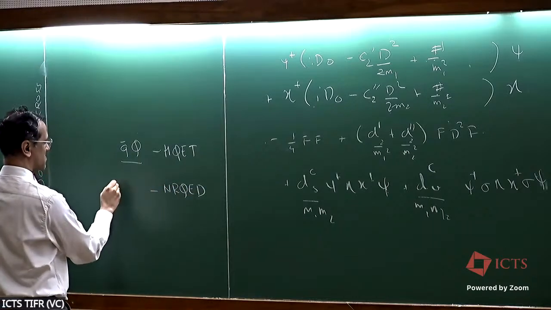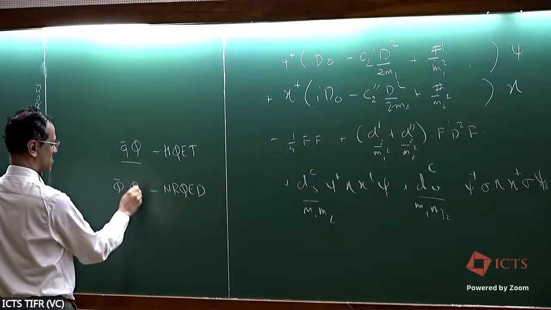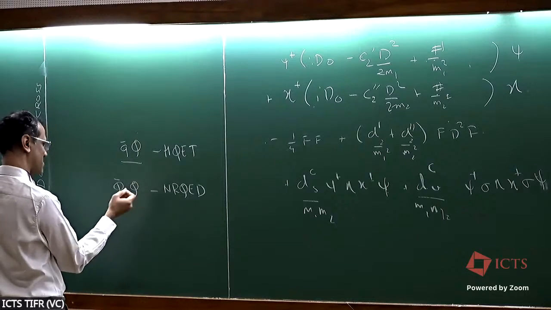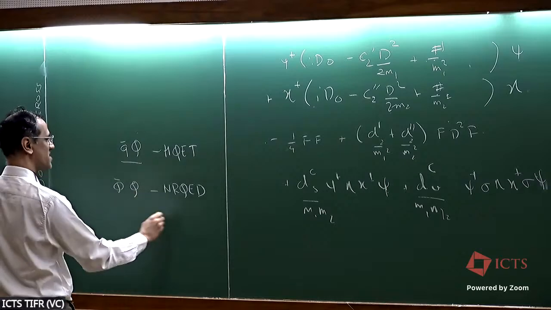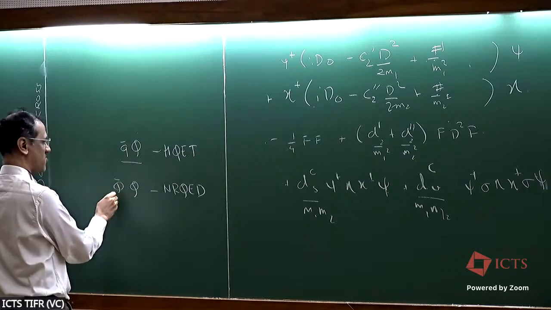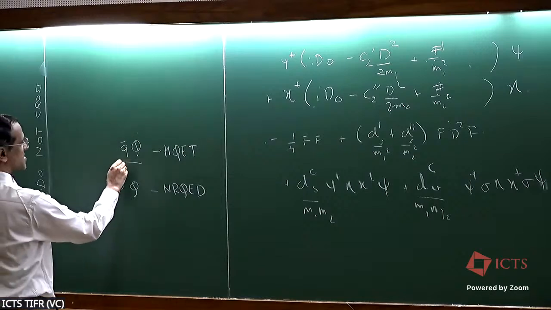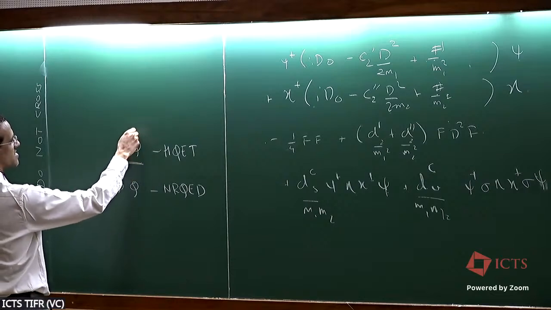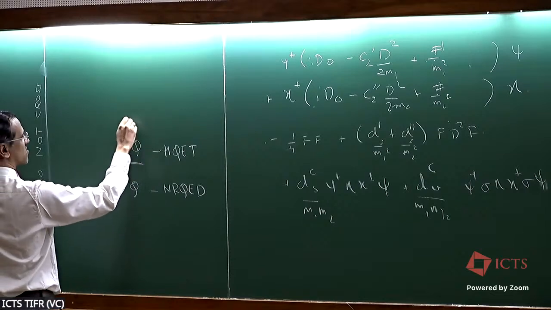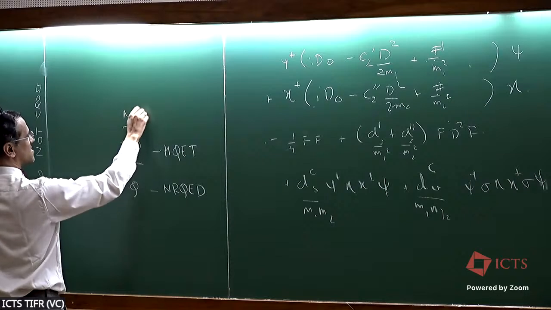NRQED is some system like Q, so electron, positron, or muon, and so on, or heavy quark, antiquark, if you want, for NRQCD. And the difference is that here, the kicks that Q gets are all of the order of lambda QCD, right?